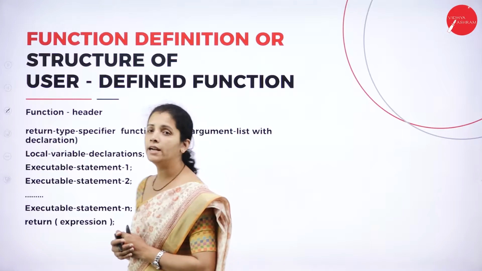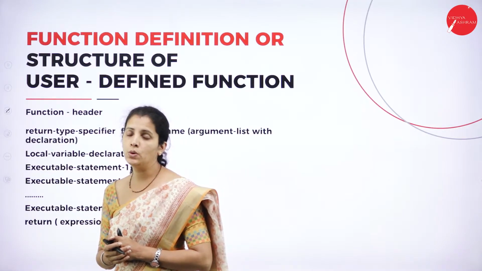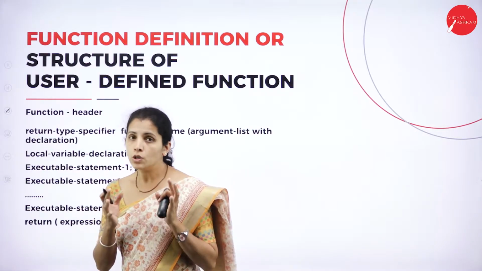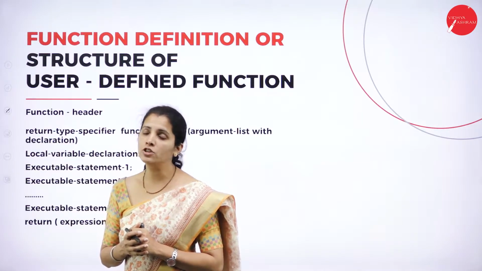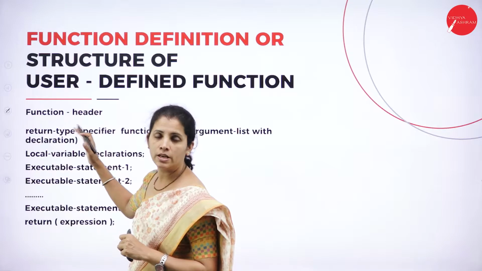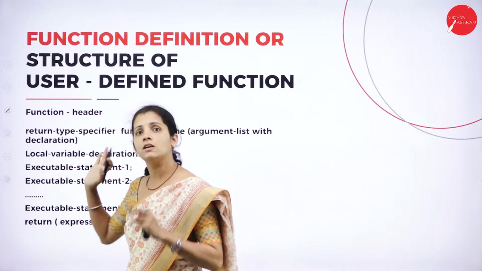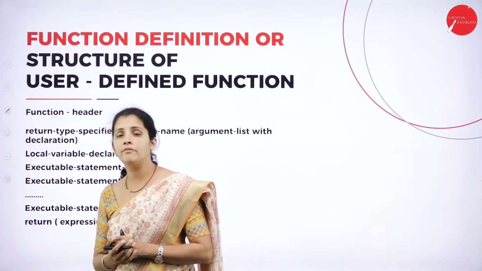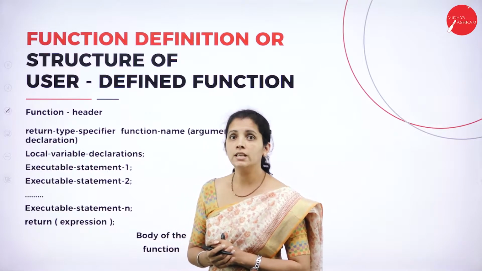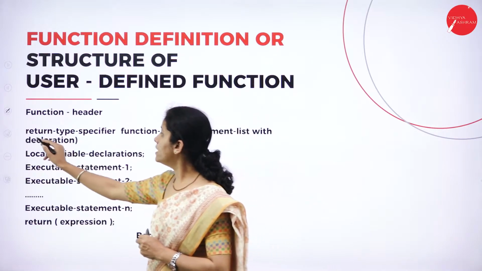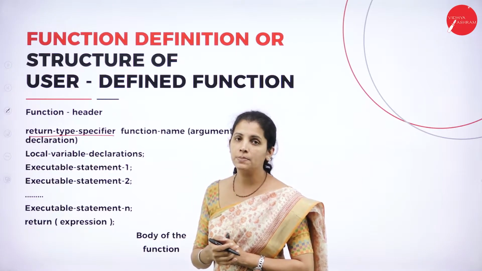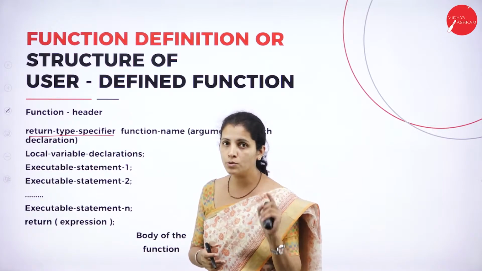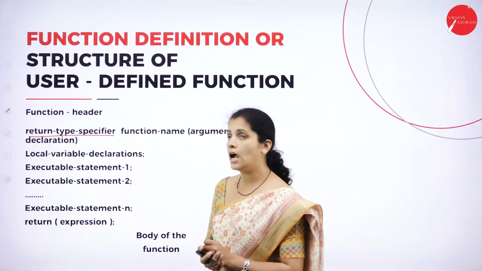Dear student, before writing a user-defined function, let me talk about its structure. That means how a user-defined function actually looks. At the beginning, I have the return type specifier, that is, I specify the return type.